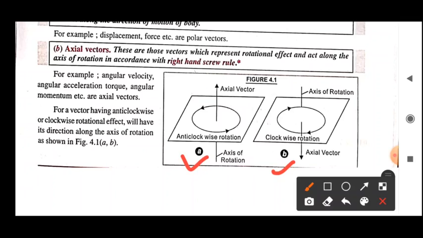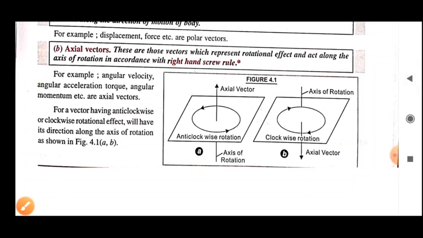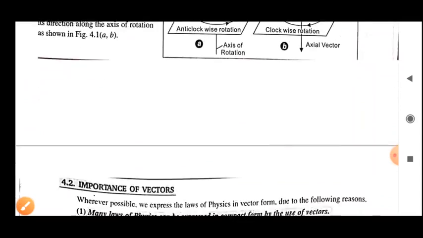So this is our axial vector. For example, axial vectors are used in the case of angular velocity, angular acceleration, torque, angular momentum. Whenever we have a rotational concept, we have this kind of vector.